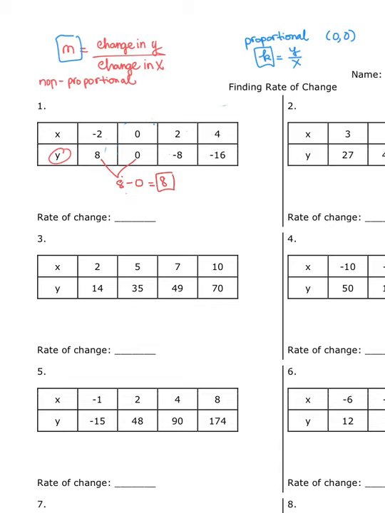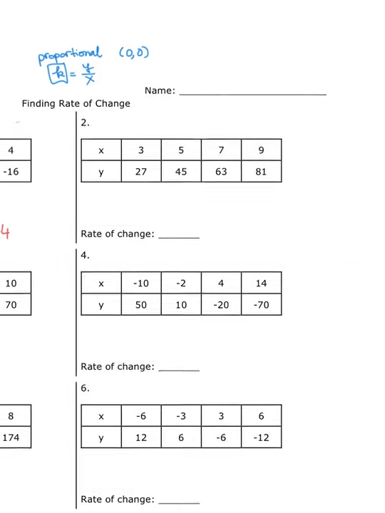And then -2 minus 0 is -2. So change in y is 8, change in x is -2, so the answer is -4. Do you get it? All right. So both ways give you the same answer, and because this is proportional, to be fast, you can use k.